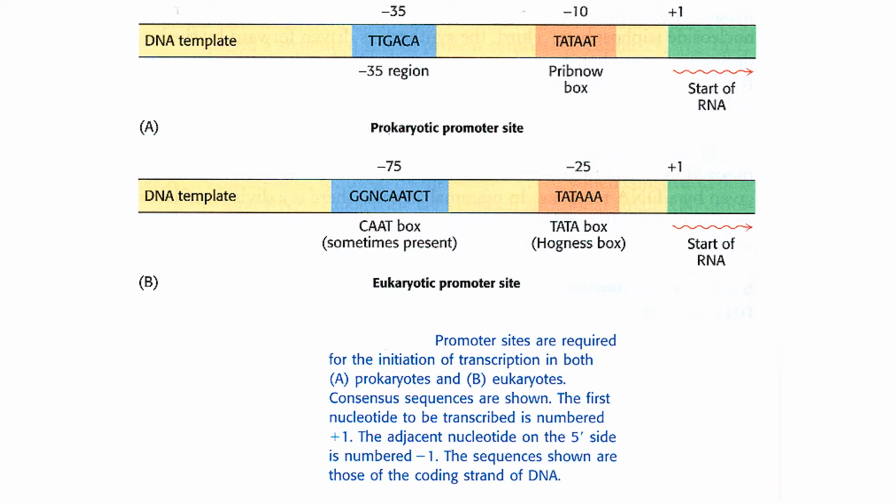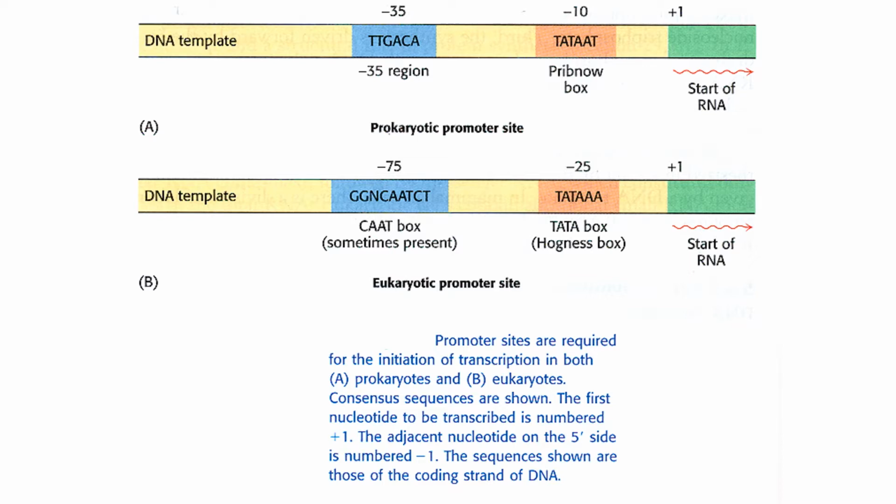One of the functions of the RNA polymerase is to recognize these promoter sites. So the DNA is carrying the message that tells that polymerase where and when to start transcribing the DNA and producing an mRNA transcript. So we'll look at the prokaryotic promoter first.